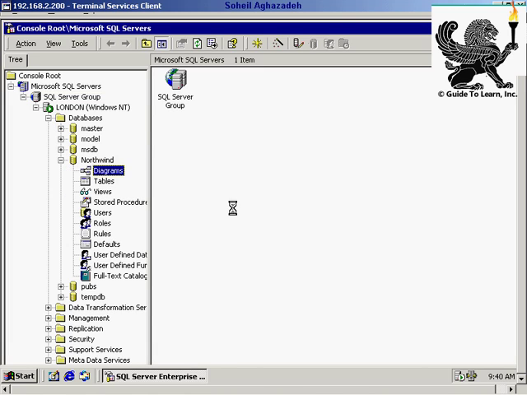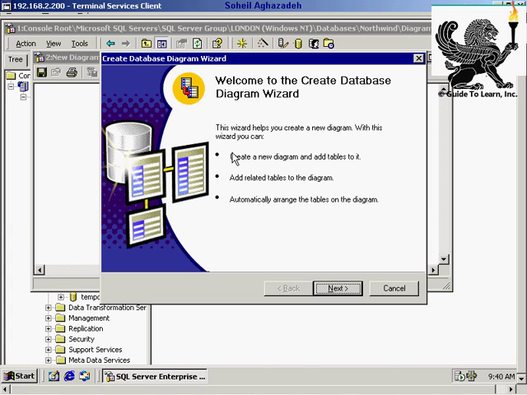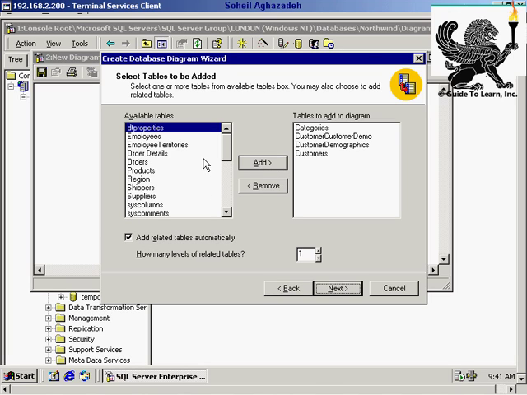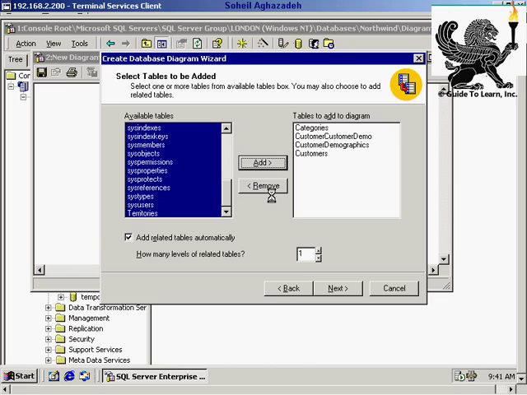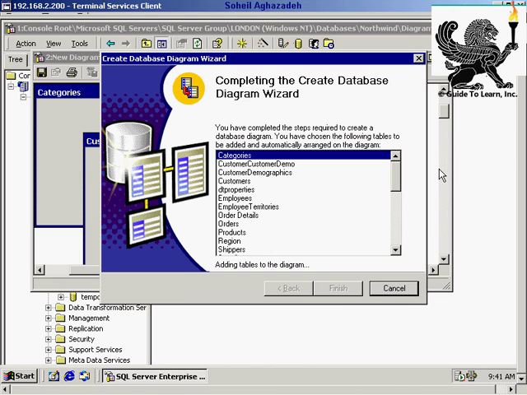If I go to the diagrams, create a brand new diagram, and add all available tables in there, this is the entire database, and you find a lot of tables related to each other, and it might be complicated.